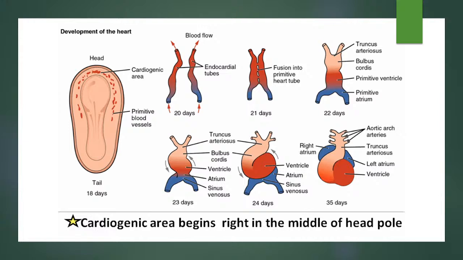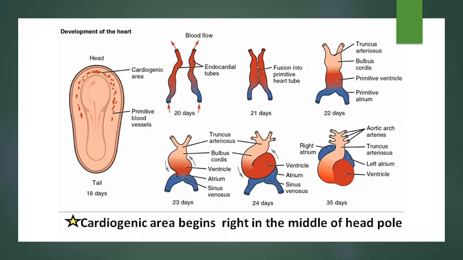These tubes are then forced into the thoracic region due to cephalic and lateral folding, where they fuse together, forming a single endocardial heart tube.